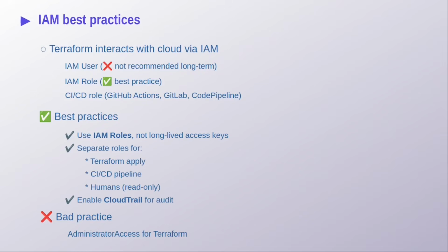Bad practice: using administrator access for Terraform. People often say it is easier this way. Yes, it's easier, and it is also extremely dangerous. Terraform with admin access is basically root access to your entire cloud.